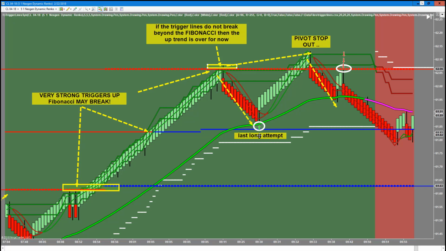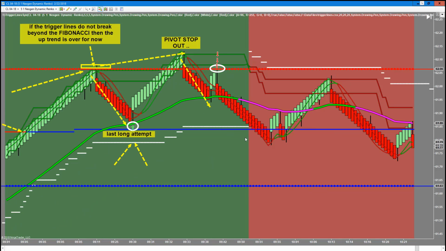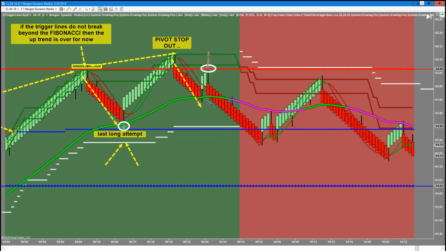Then you get one more last attempt, as long as you don't start making down bars past your 14-2 reversal bar marker, remember. And then after a pivot stop out or a retest of resistance, we wait for the trigger lines to get on the correct side, and then we'll end up taking short trades. And then as we scroll forward, you'll start to see, obviously, the market trades down into support.